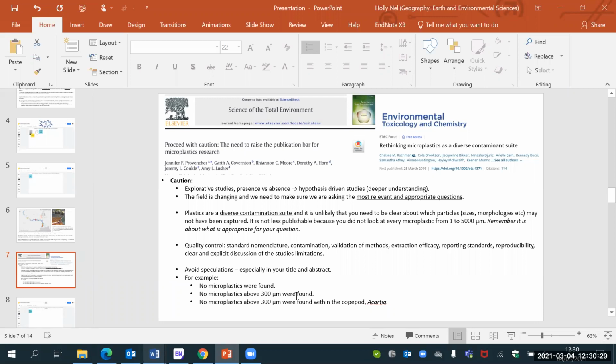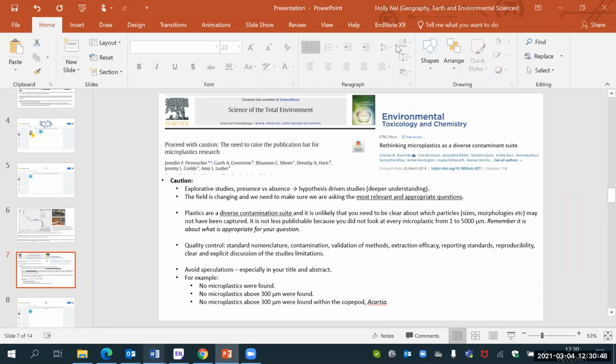And this paper really goes into various steps that we need to remember when we are publishing and collecting field data.